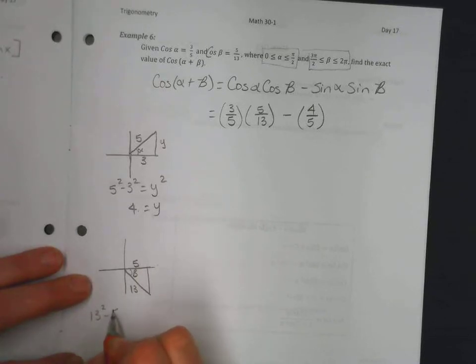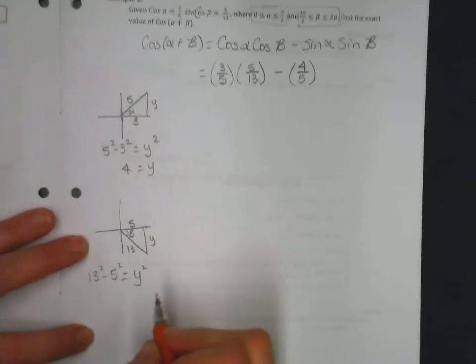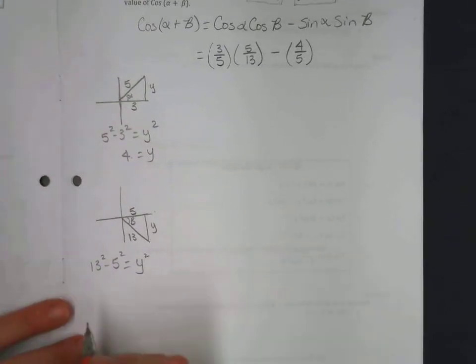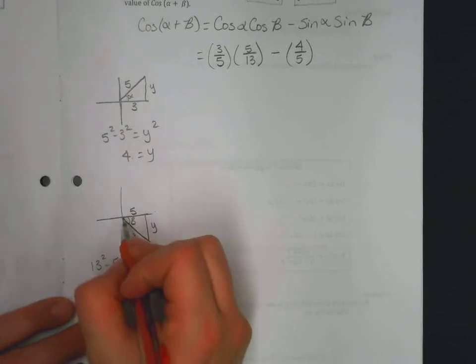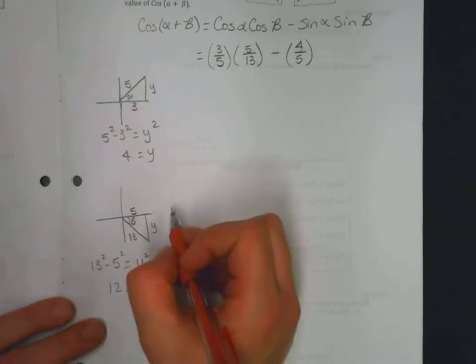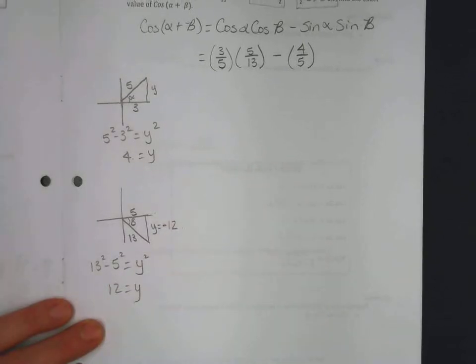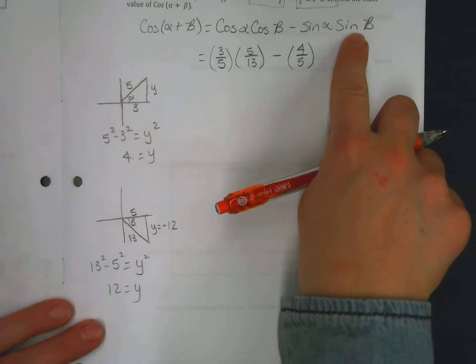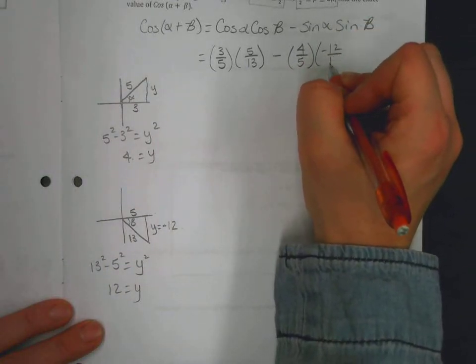Again, I'm going to use Pythagoras to find my y value, because I need my y value for my sine ratio. And this works out to 12. But because I'm working in this quadrant, this value actually needs to be a negative 12. So my sine ratio for beta would be negative 12 over 13.